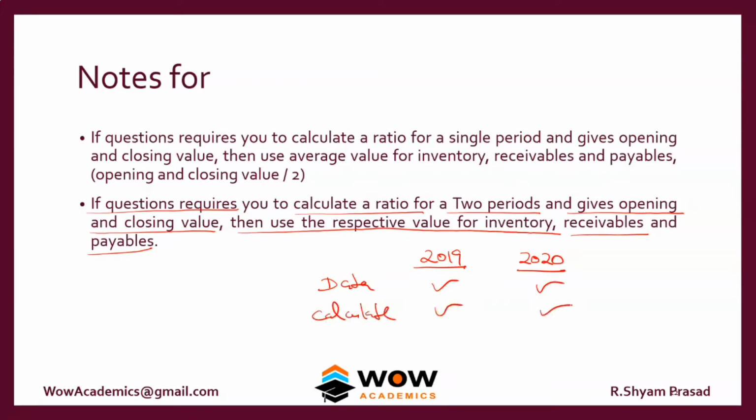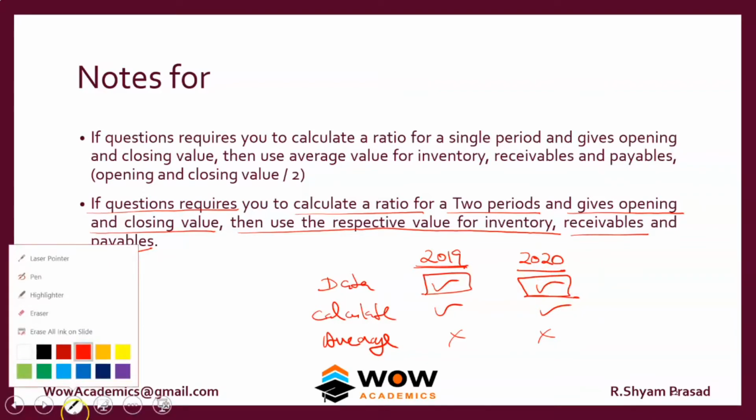In that case, you don't take an average. Rather, you take that year's data and compute the ratios. So you take the 2019 data and compute the ratio for 2019. You take the 2020 data and compute the 2020 ratio. So that is how you have to work it out.